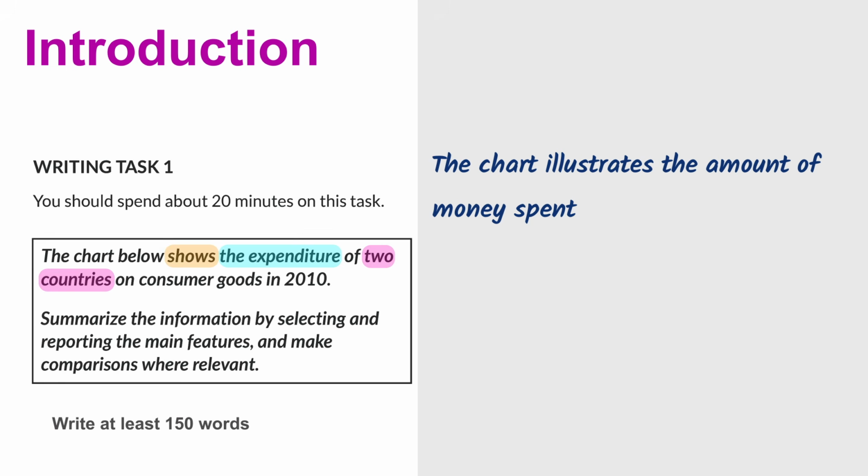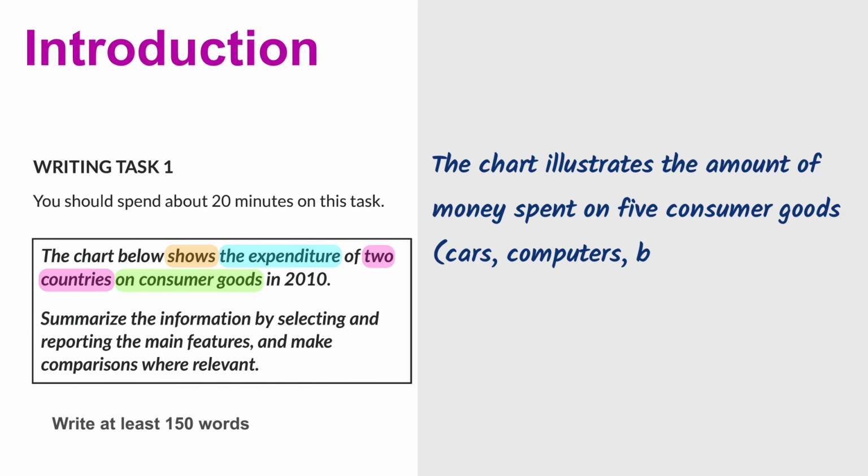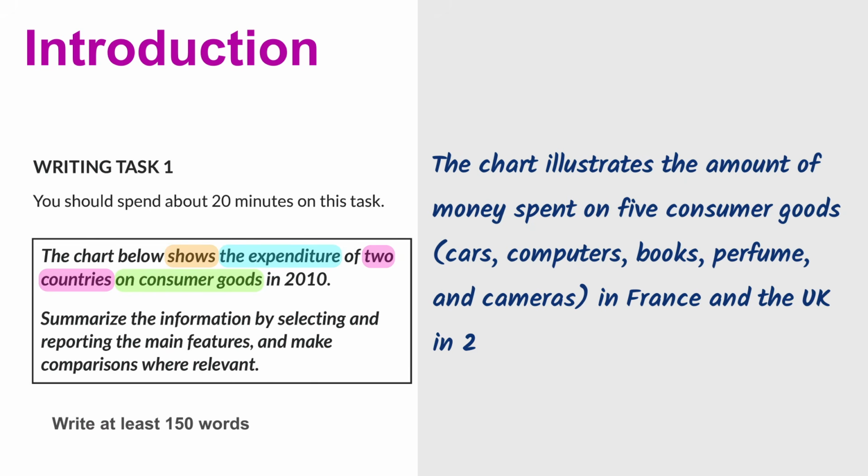Instead of two countries, and on consumer goods, we can write on 5 consumer goods, and in parentheses, we can write the name of those categories or consumer goods: cars, computers, books, perfume, and cameras in France and the UK in 2010. Let's read introduction again.